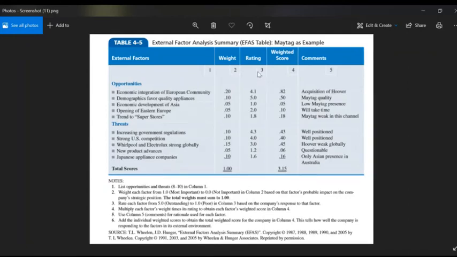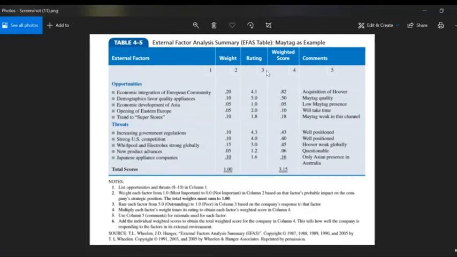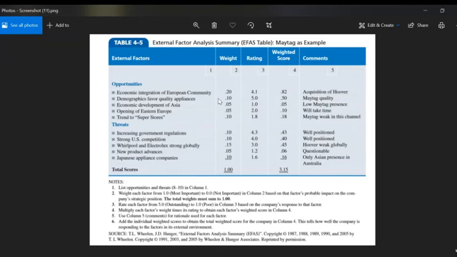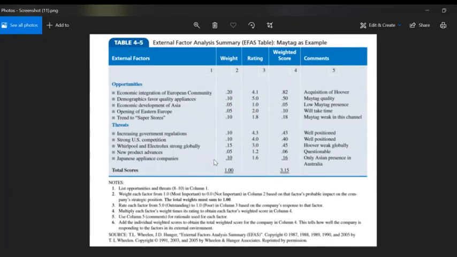And rating: how good the company runs the opportunity, and how good the company overcomes the threat, like that. How good Maytag runs the economic integration of the European Community, 4.0, because of the acquisition of Hoover, like that. How Maytag overcomes the new product advance, 1.2, because it's questionable or we don't know how.